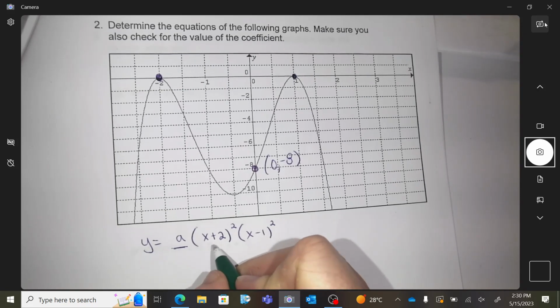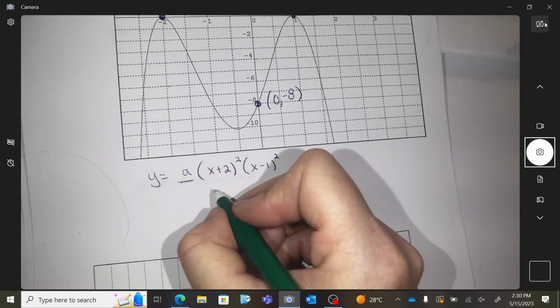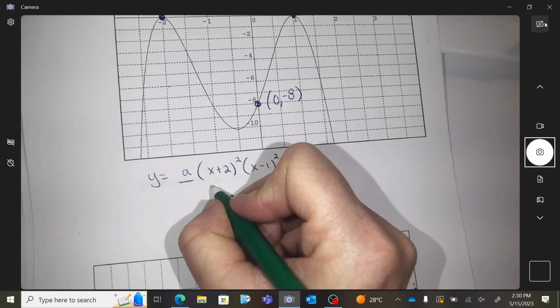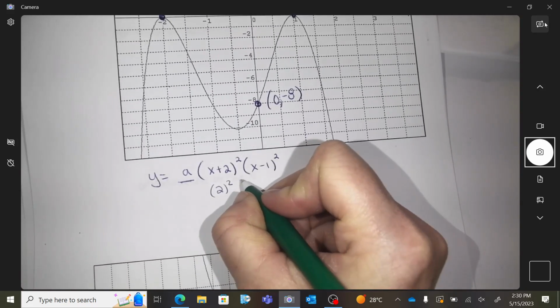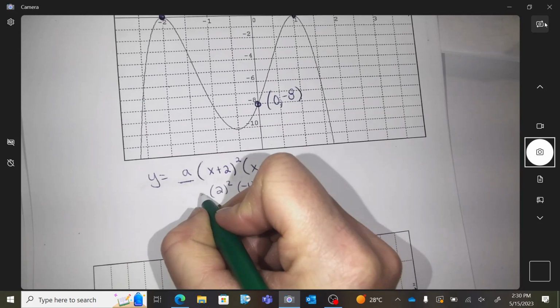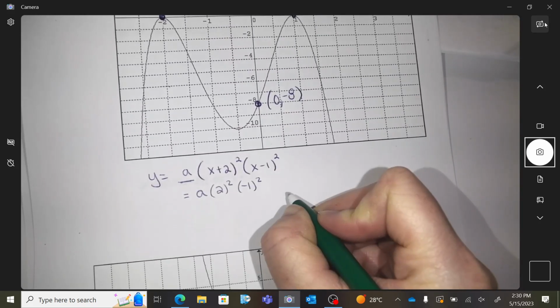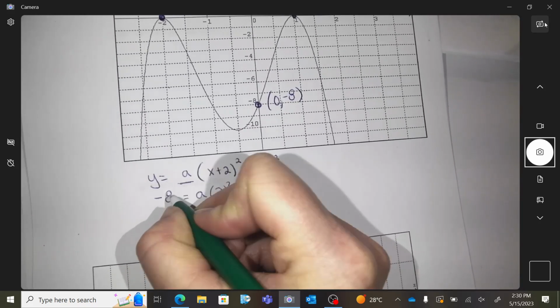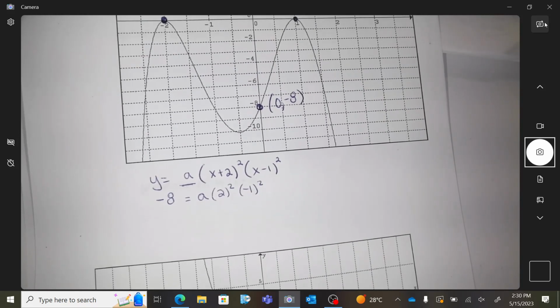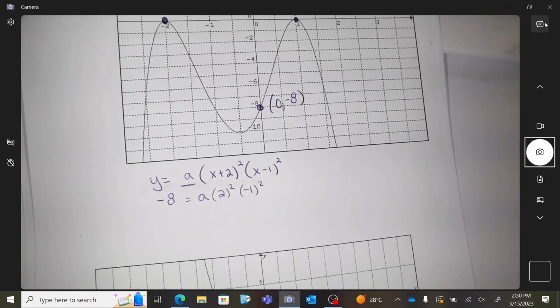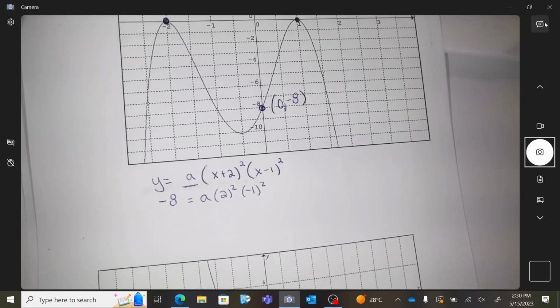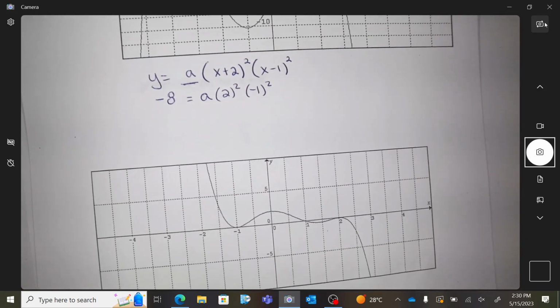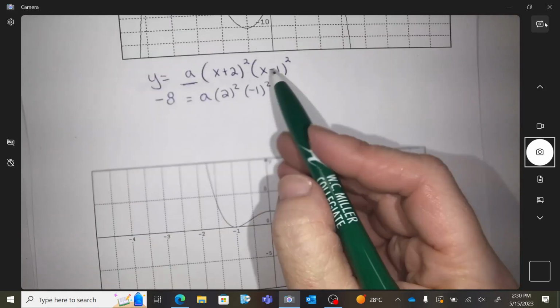So if x was 0, so 2 squared, -1 squared. If x was 0, I should get a -8.